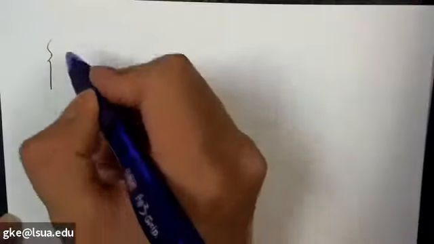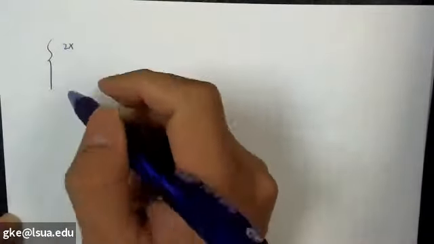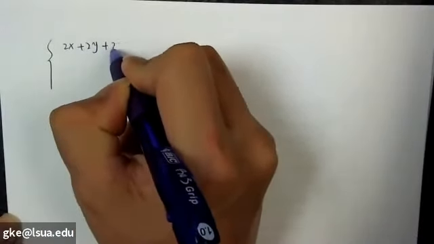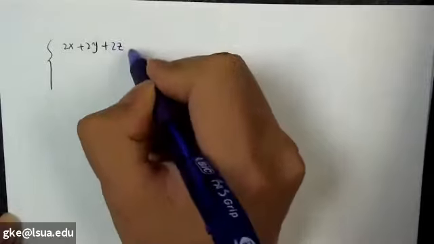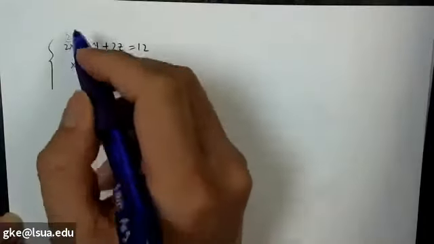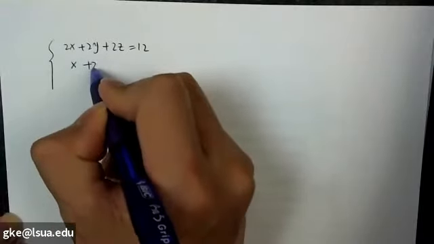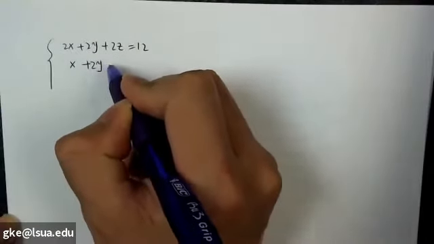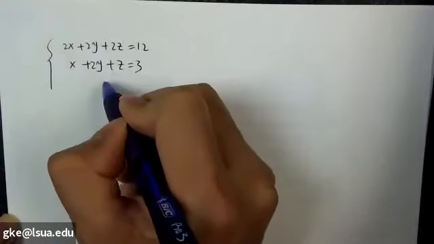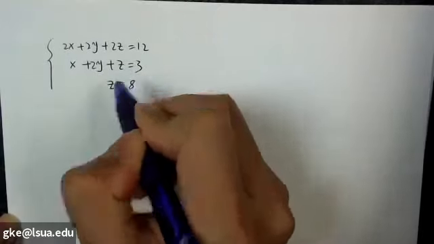So we have this equation: 2x plus 2y plus 2z equals 12, x plus 2y plus z equals 3, z equals 8.